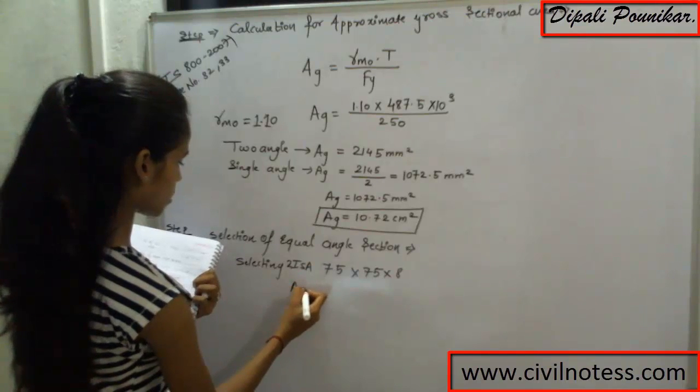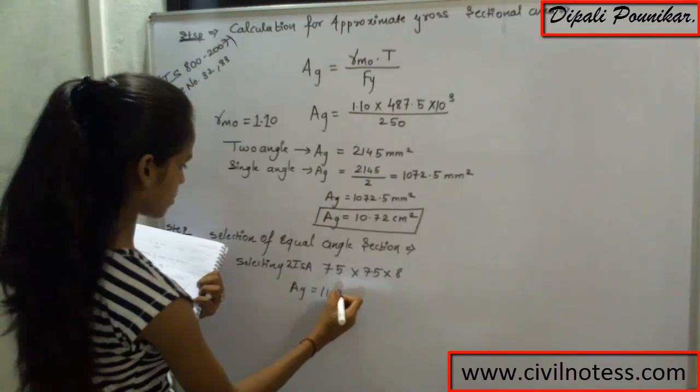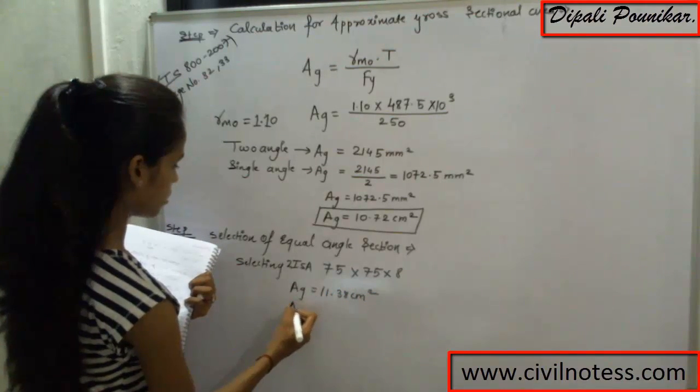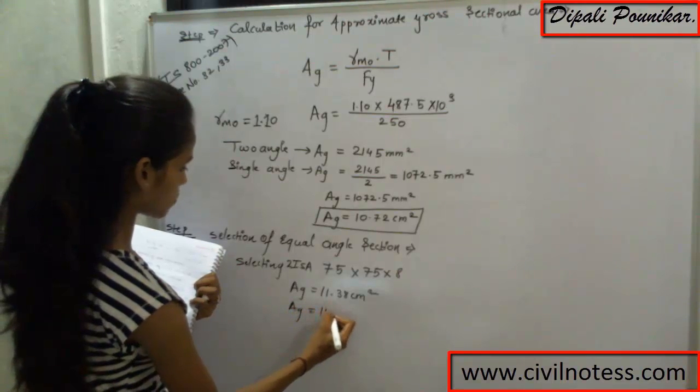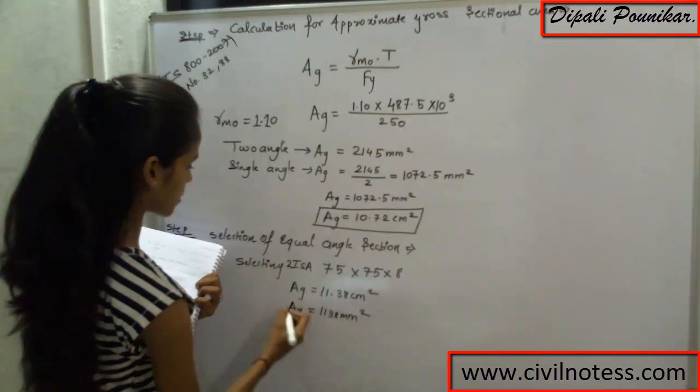Ag for this angle section is 11.38 centimeter square. In mm square, this is 1138 mm square.